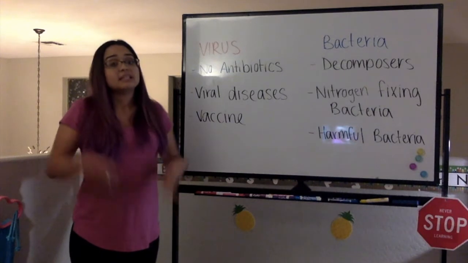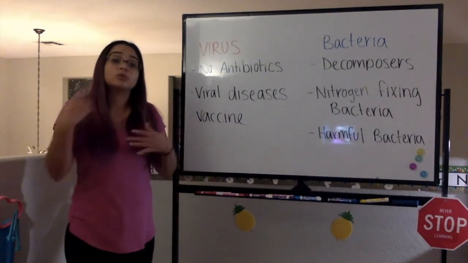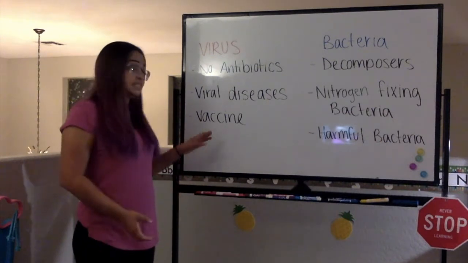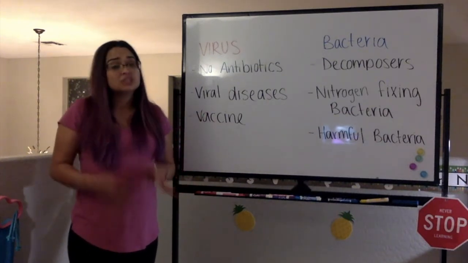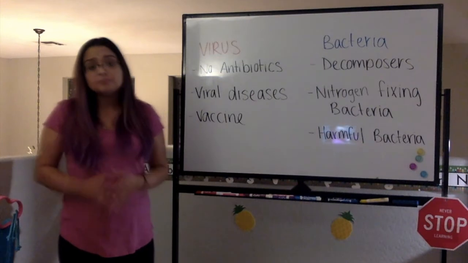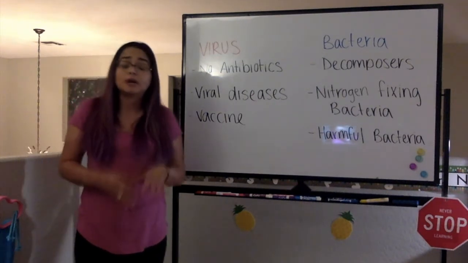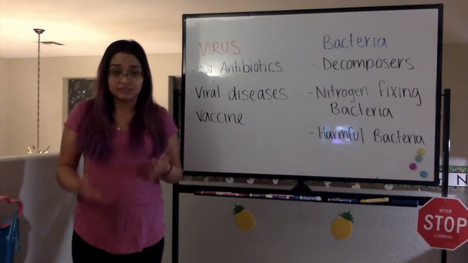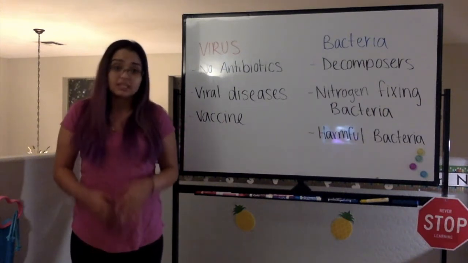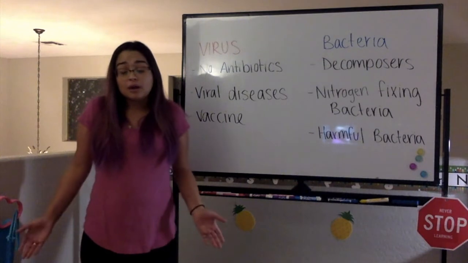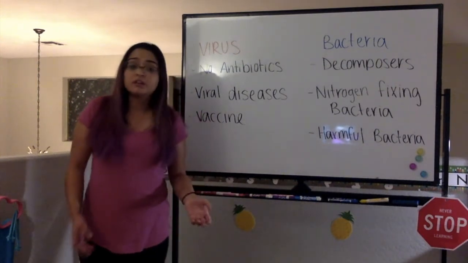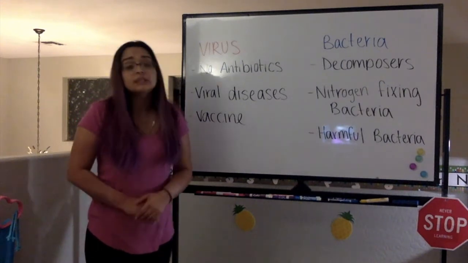But there is something else that throughout time we have been able to develop, which are vaccines. Now, the vaccines don't cure the diseases, but they do help your body prepare itself and to be able to fight off these viral diseases. Common vaccines that we actually need every year are the flu vaccines.